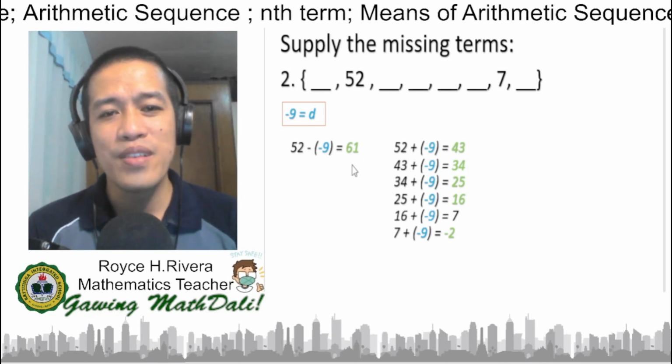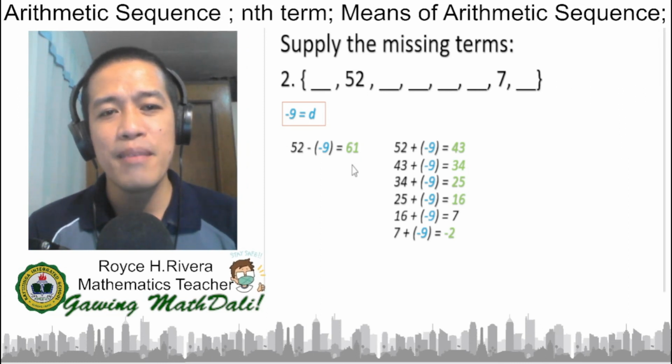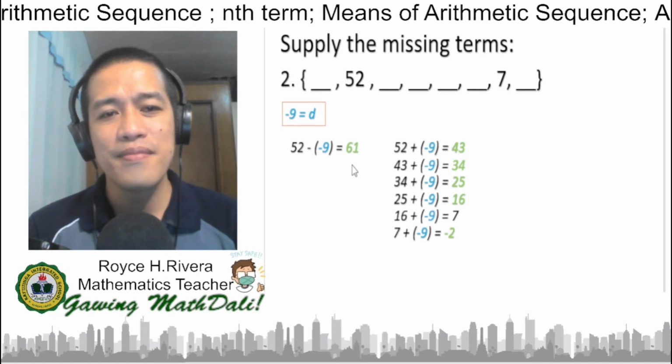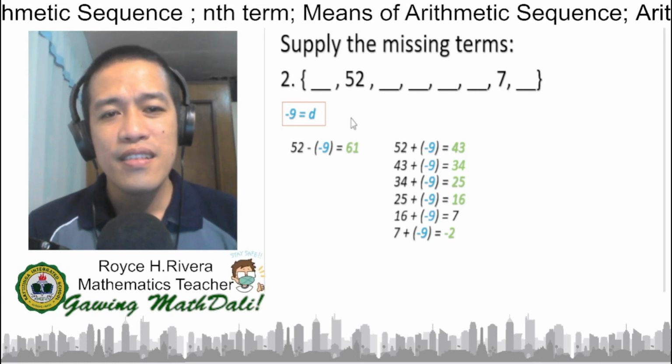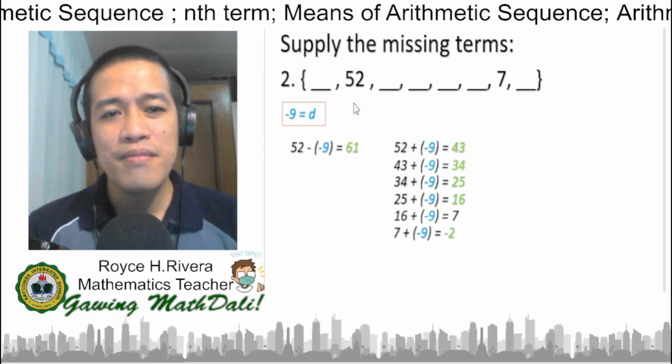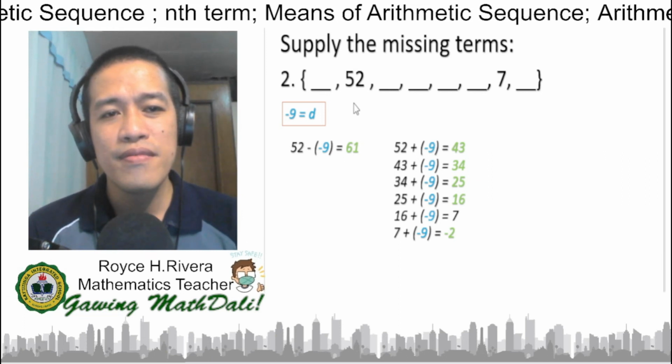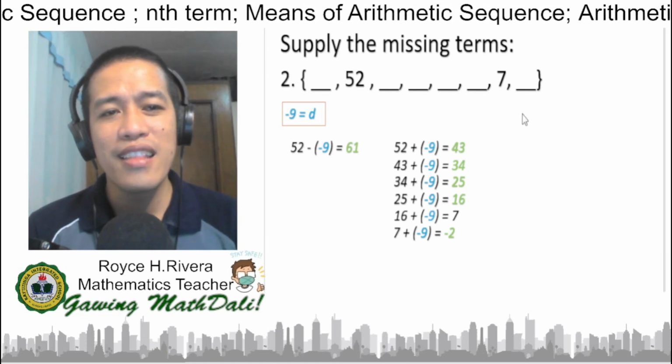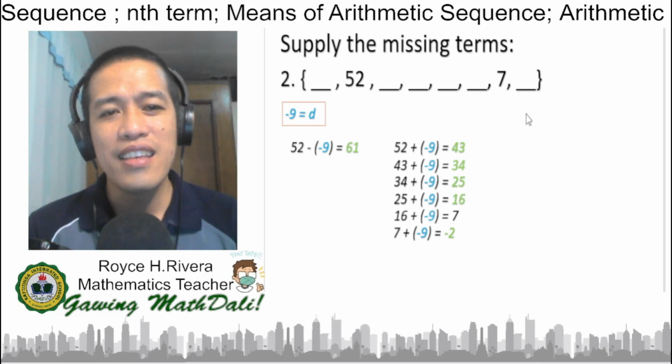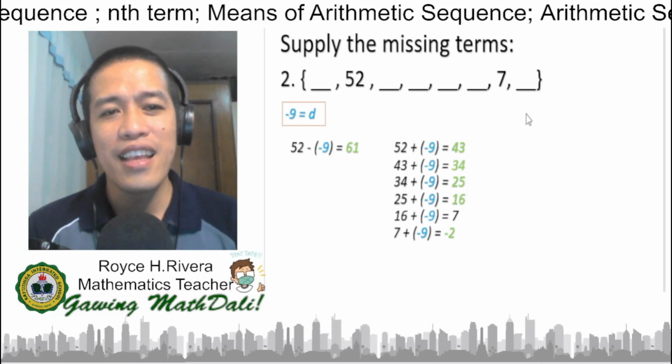Bakit minus negative 9 at hindi plus negative 9? So from 52 going to the right is adding negative 9.